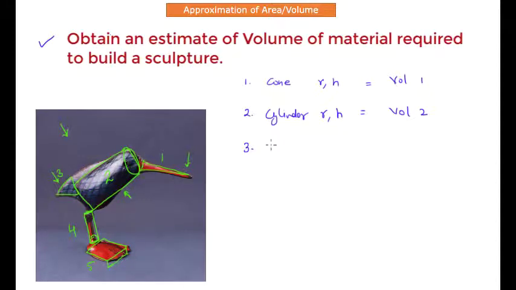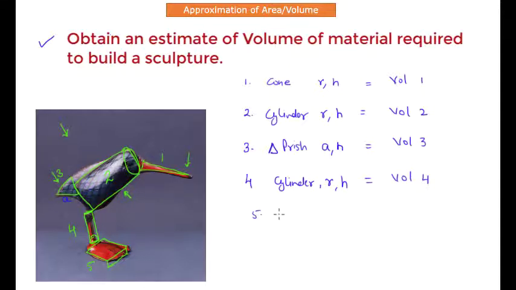You will obtain the volume of this triangular prism with dimension of this equilateral triangle being a right here. So the height or the thickness of this will be h, and that will give you the volume estimate of the third object or the third part, right? And the fourth will be a cylinder again. In this cylinder, you will estimate what is the radius and the height of that cylinder to get to your volume number 4.